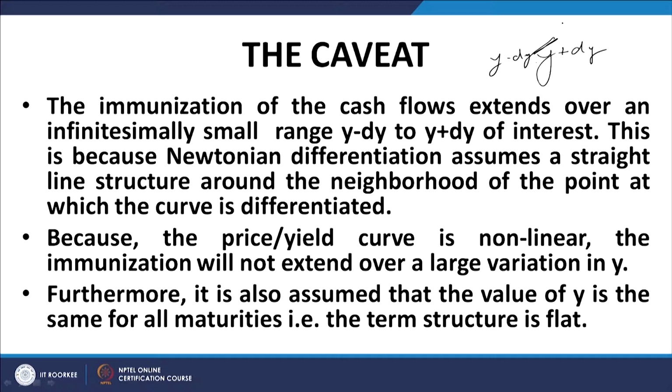What are we trying to say? We are trying to say that d of TCF upon dy is equal to 0. Now, this is nothing but the slope of the tangent of TCF with respect to y. When we talk about slope of the tangent, we are talking about the straight line joining two very closely spaced points.